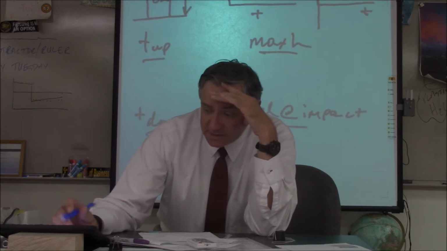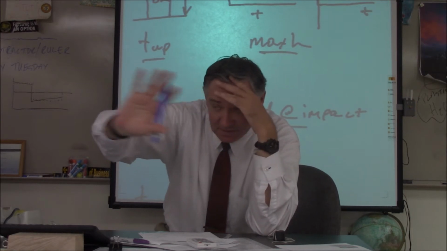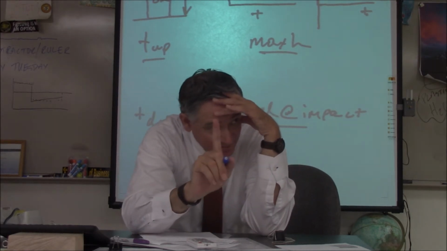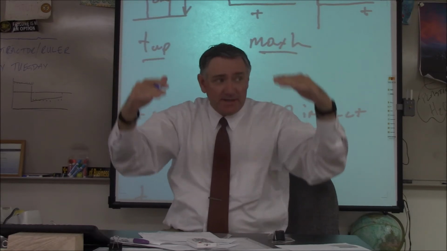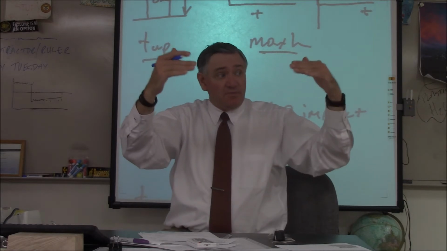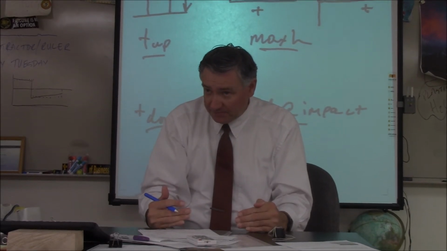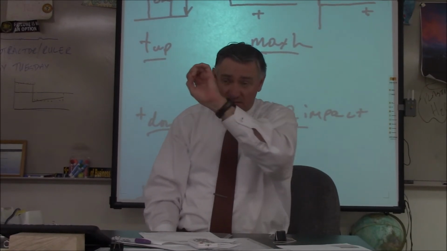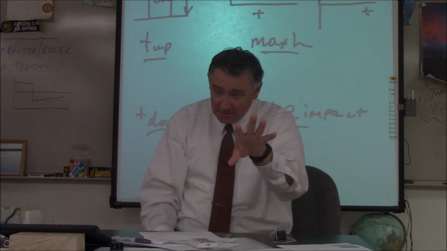I want the solved equation for the variable. That's the first thing I want. I don't need to see what equation you start with, I just need to see the solved equation for that variable. Then I want the numbers inserted with the units, and then I want the final answer. So I want 3 things: the solved equation, numbers, answer.